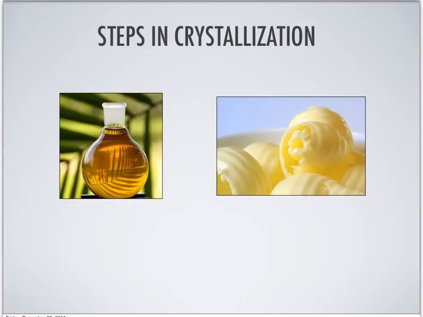And here is another example of crystallization from a melt. In this case, we start from a liquid vegetable oil, and it can be any kind of vegetable oil such as palm oil, corn oil, canola oil.